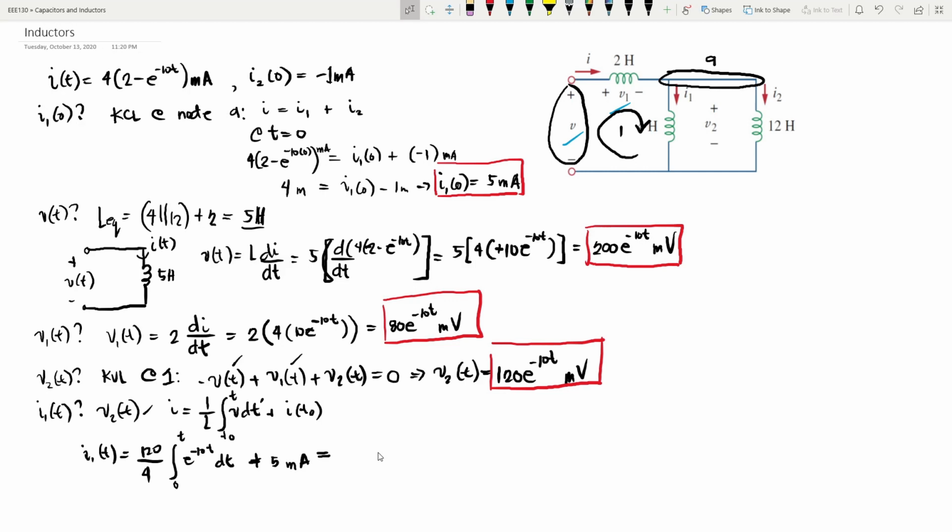So this becomes negative 3 e to the negative 10t evaluated from 0 to t plus the initial value of 5 milliamperes. So finally, the expression I1 of t is just 8 minus 3 e to the negative 10t milliamperes.